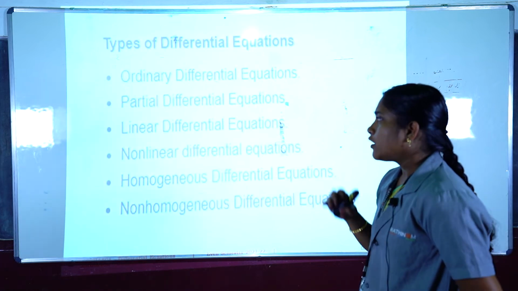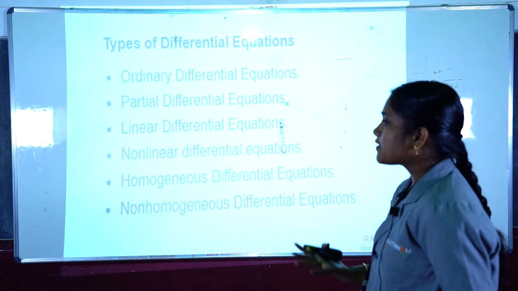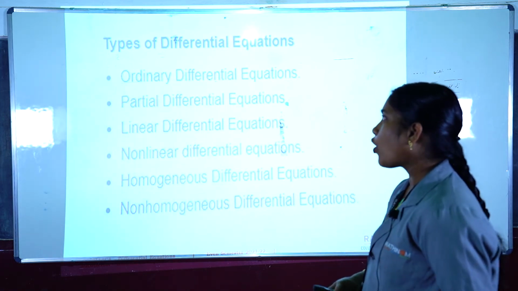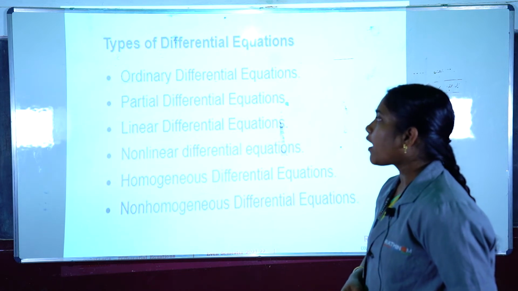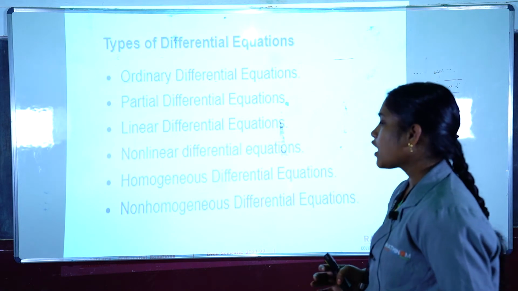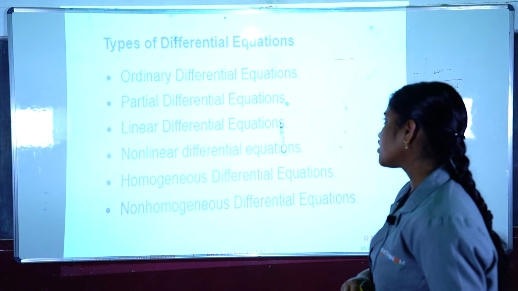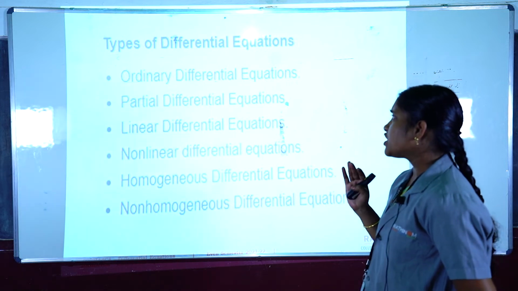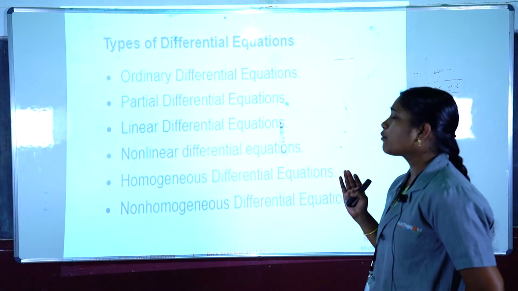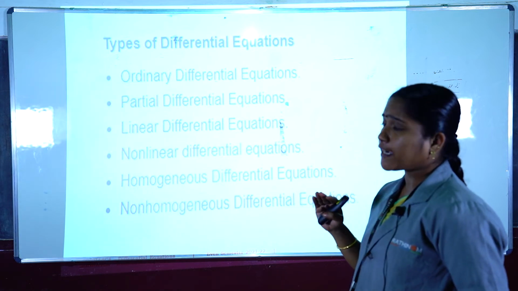Then the types. There are kinds of differential equations like ordinary differential equations, partial differential equations, linear and non-linear differential equations, homogeneous differential equations and non-homogeneous differential equations. In ordinary and partial differential equations, we have to concentrate on the dependent and independent variables.